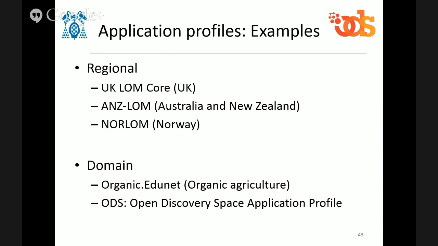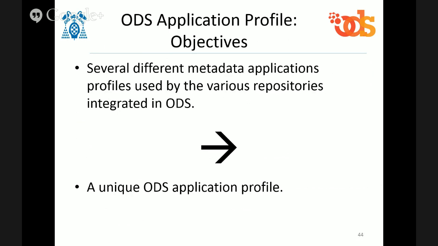Okay, there is a specific unit, a specific module, about the ODS application profile. So I'm not going to go deeper in this aspect. Just mention the very basics of the ODS application profile about the objectives, which is that in ODS we have several different metadata application profiles which are used by the various repositories integrated in ODS.